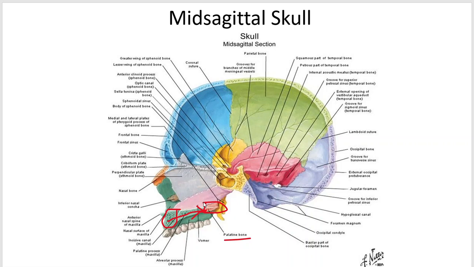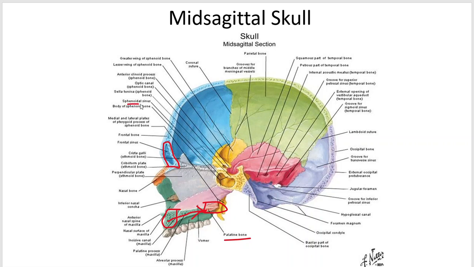There's also some sinuses in here. These are holes in the skull, air chambers. That's the frontal sinus, and that is definitely on your list. I don't think you can see any of the others.